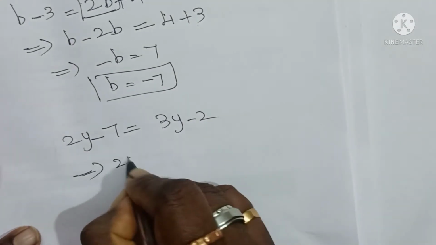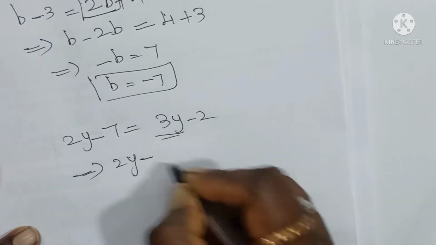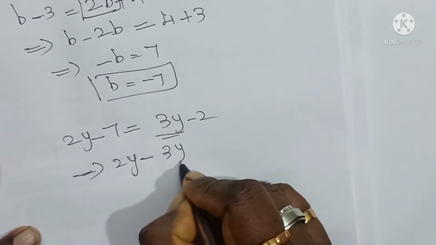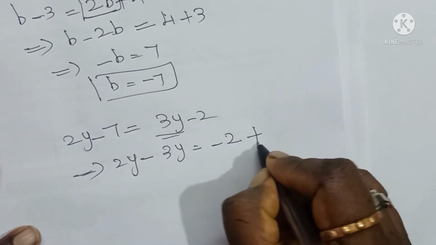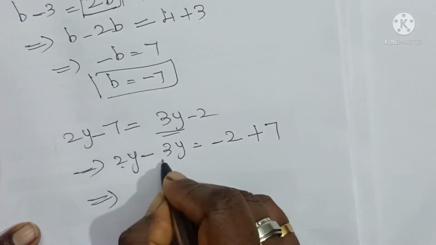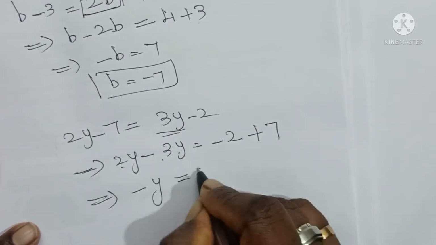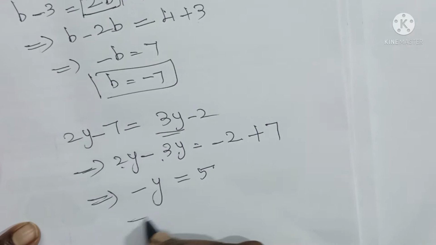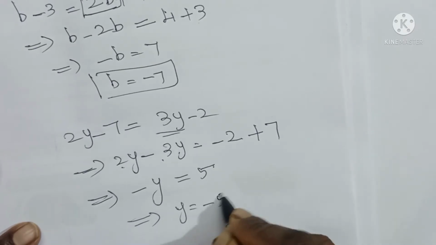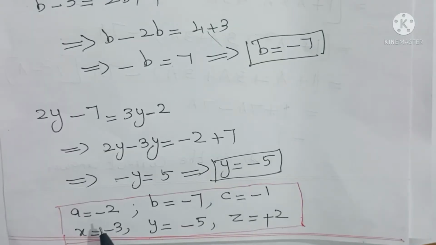Then this implies 2y minus 3y, taking this term to the left side, is equal to minus 2 plus 7. This implies 2y minus 3y, that is minus y, is equal to 5. So y is equal to minus 5. So A is equal to minus 2, B is equal to minus 7, C is equal to minus 1, X is equal to minus 3, Y is equal to minus 5, Z is equal to plus 2.